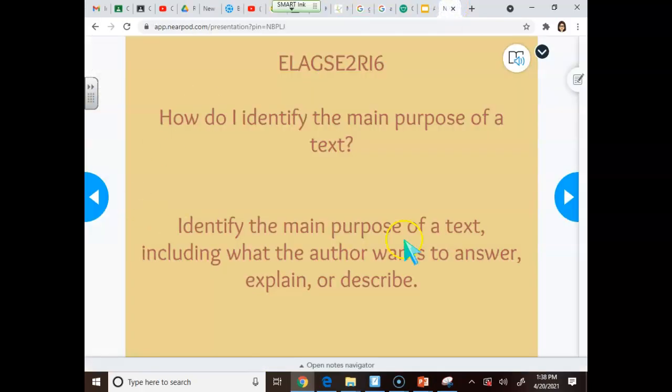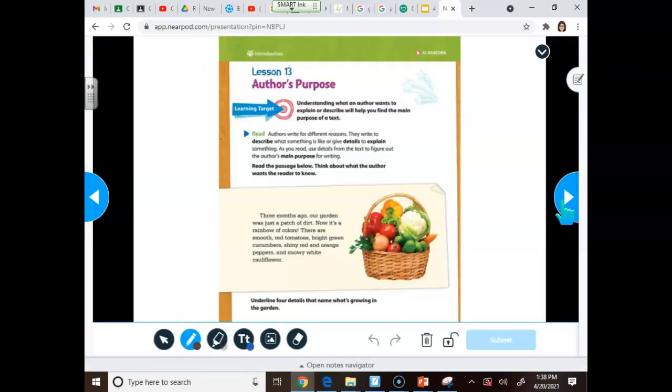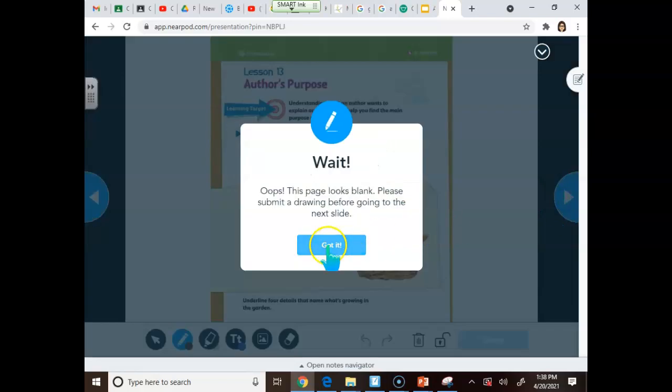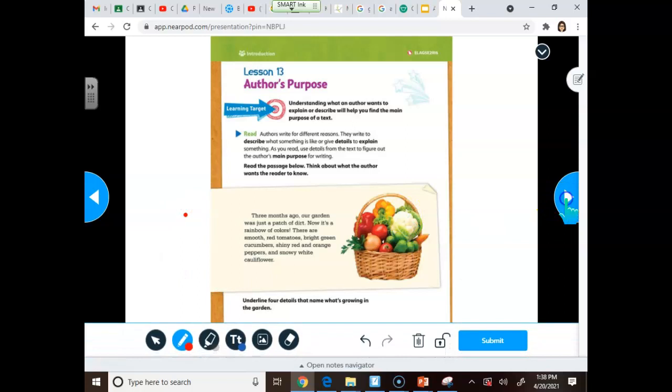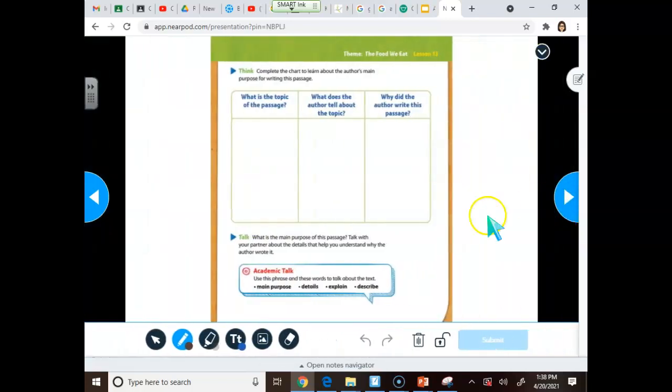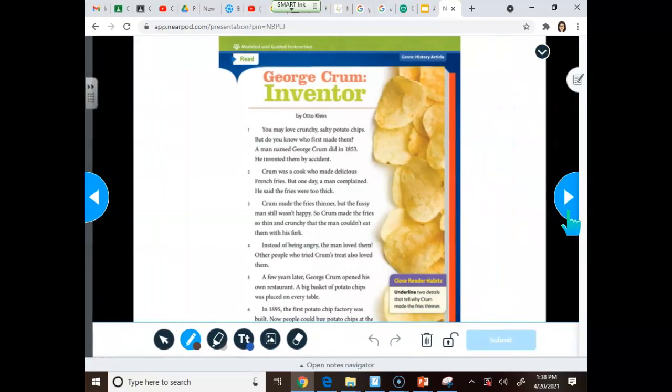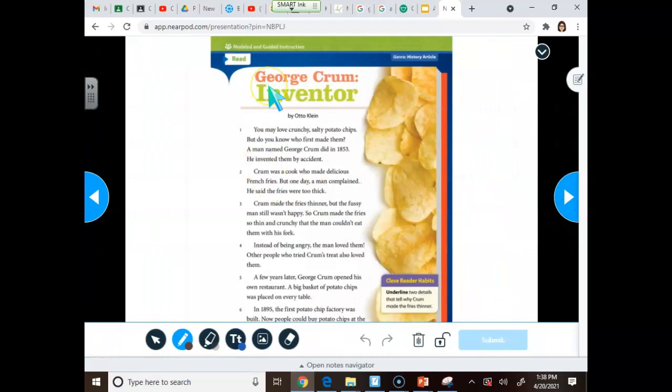All right, so we'll do that in Nearpod. All right, our story today is called George Crumb, Inventor. It's by Otto Klein. So Otto Klein is the author.